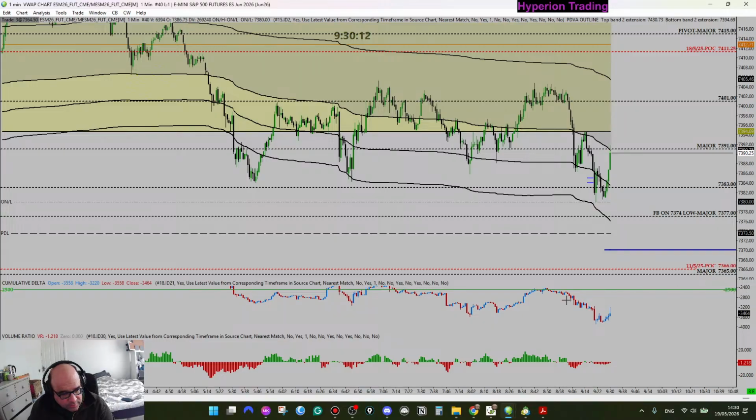Now we see some bullish momentum as the market opened. We see the DVA low holds, rejection here.